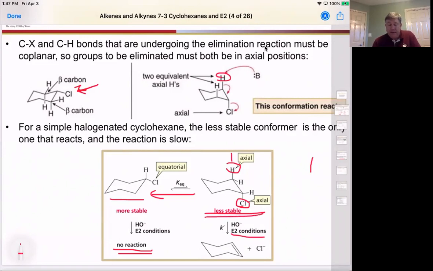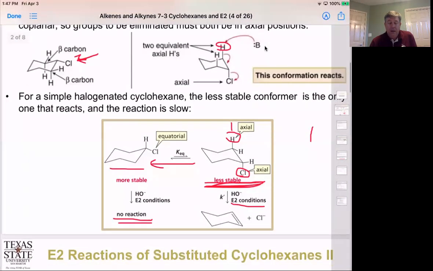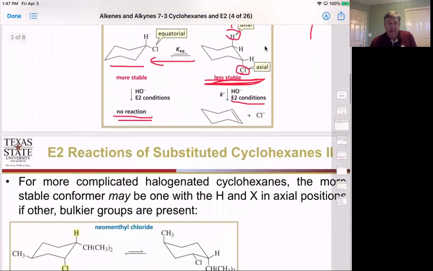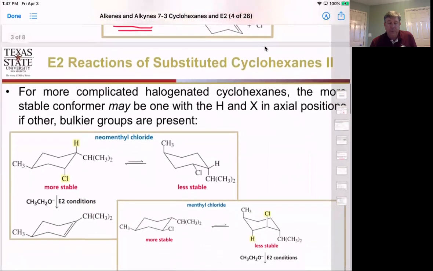Even though the axial chlorine is less stable thermodynamically, it actually will allow an anti-elimination of the hydrogen from it. Okay, so let's look at that again and look at other ways to do things.